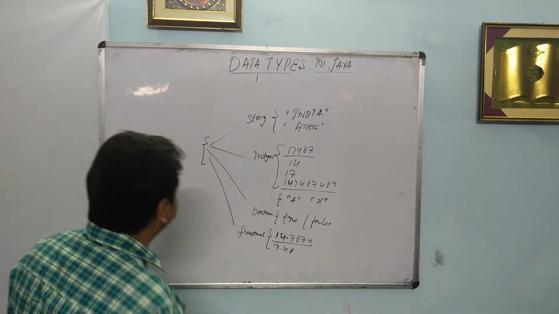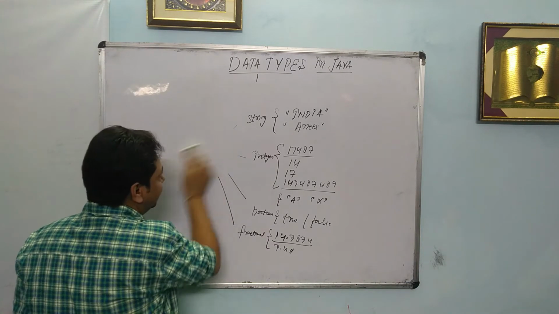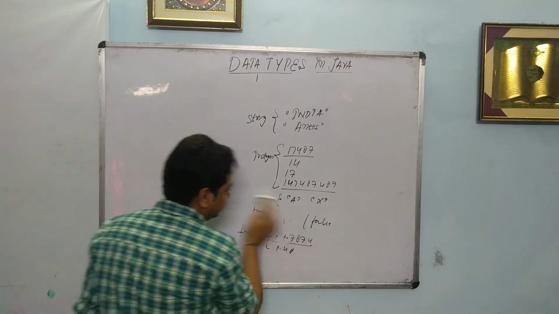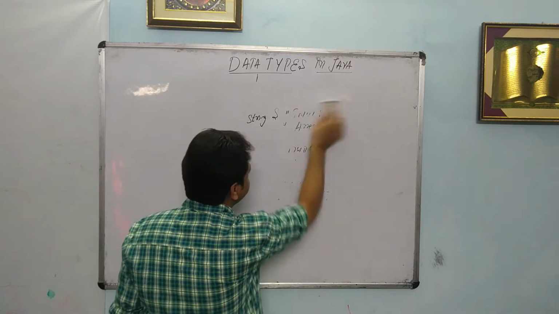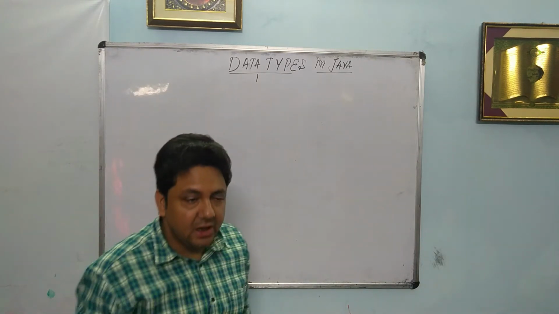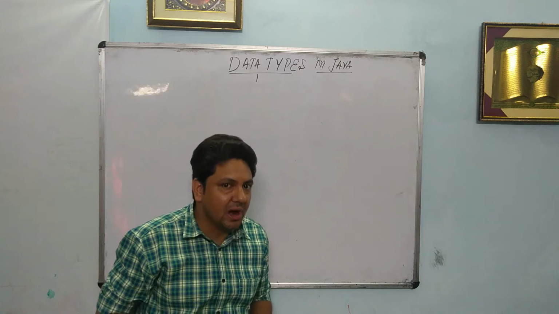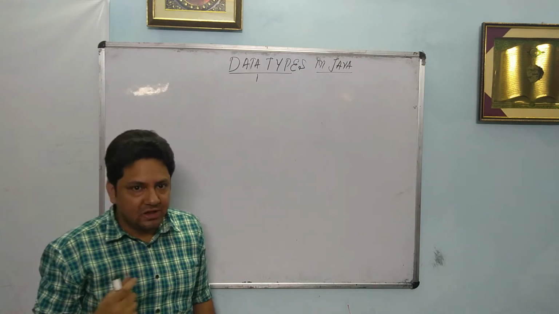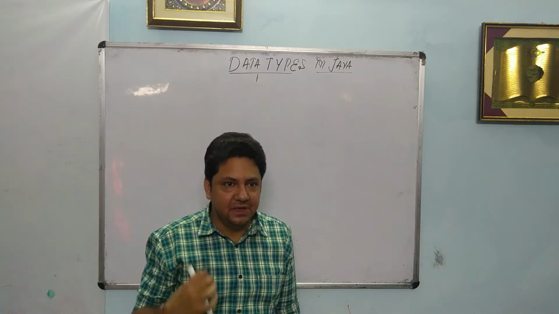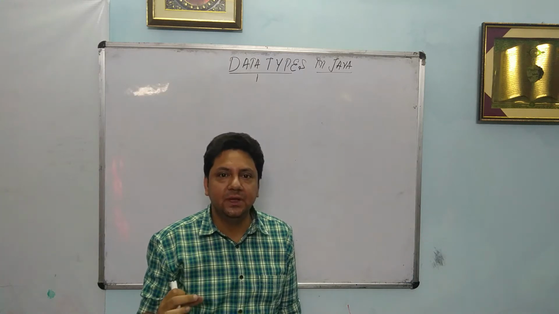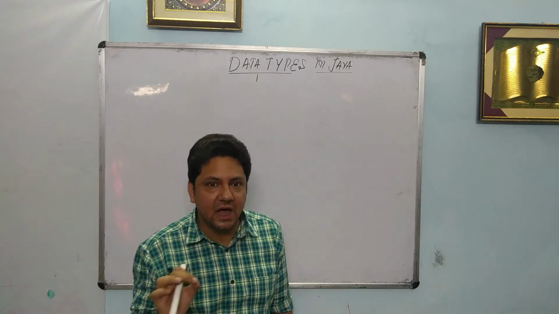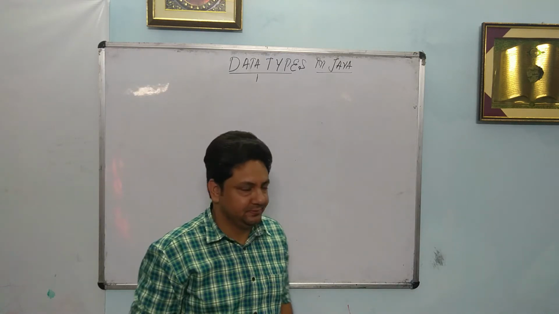Now, what is the importance of data types? The next thing: Java is a strongly typed programming language. What is the meaning of this line? A strongly typed programming language means we cannot use any variable without defining it with the appropriate data type.